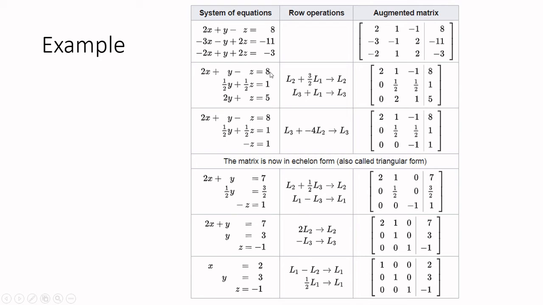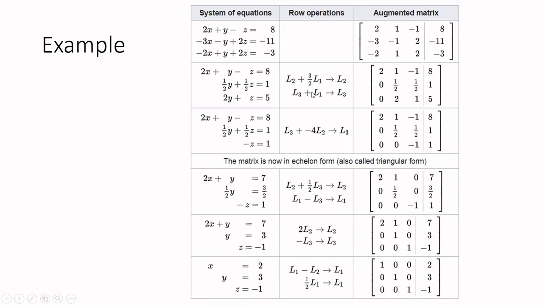We have multiplied the first equation, let's say this is L1, by 3 by 2 so that the coefficient after multiplication becomes 3. Then because here we have minus, we add it, and automatically 3 minus 3 will be 0. So that's why we have not written it over here. In that way we have eliminated the coefficient of x in equation 2 and equation 3 by these row operations.